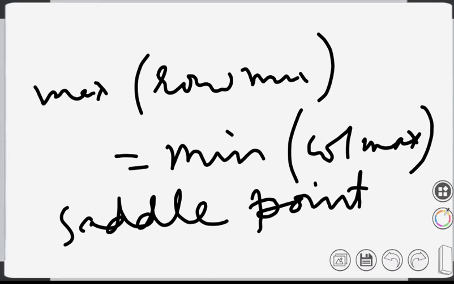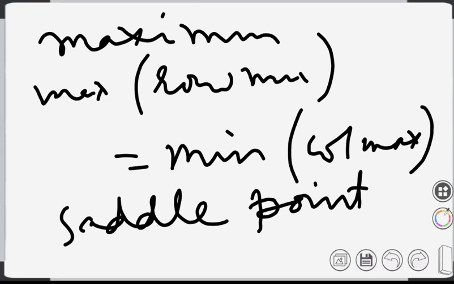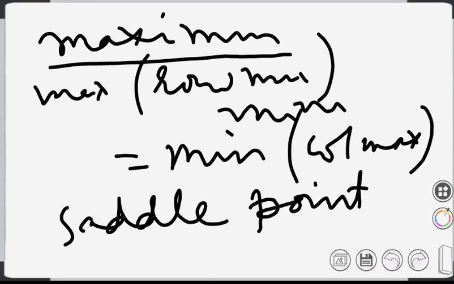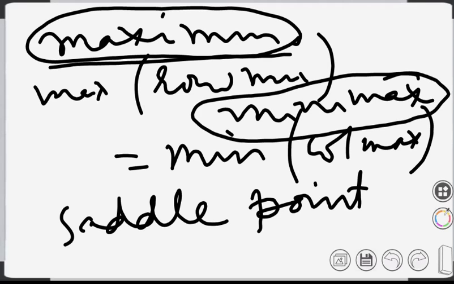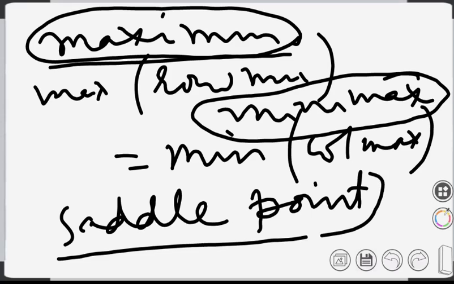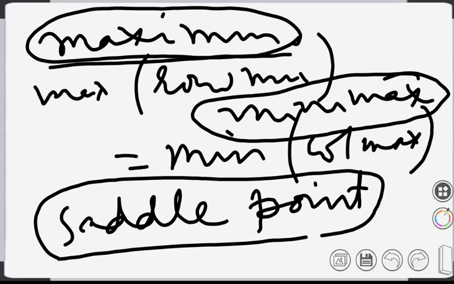Max of row min is termed maximin, and min of column max is termed minimax. So if maximin is equal to minimax, then the game has a saddle point and the game is played with pure strategy.